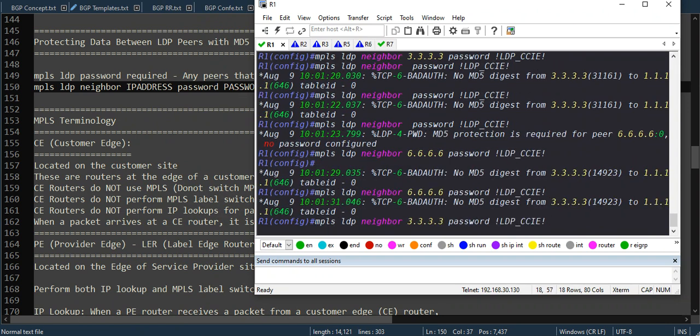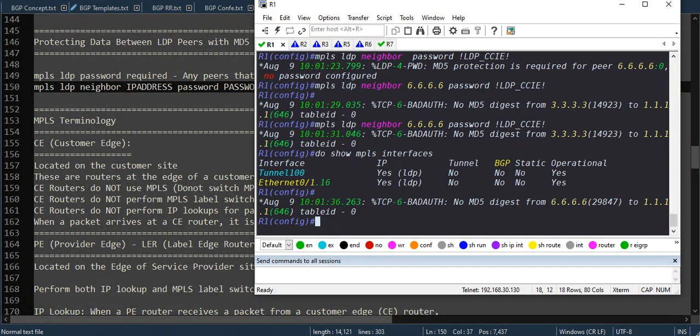And let's verify. Show MPLS interfaces, and yes.